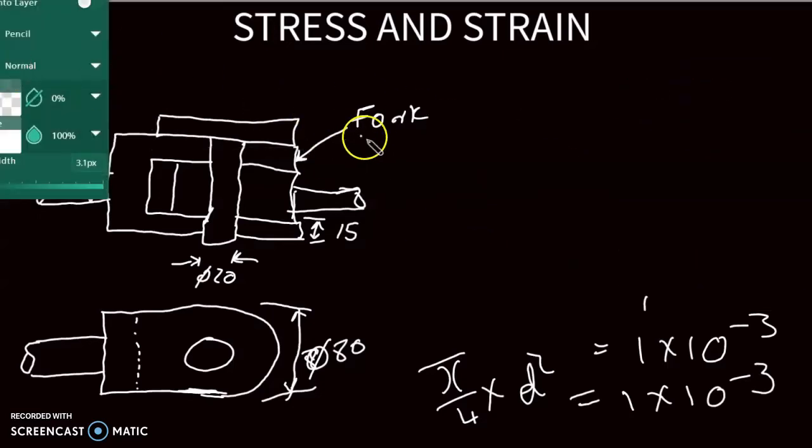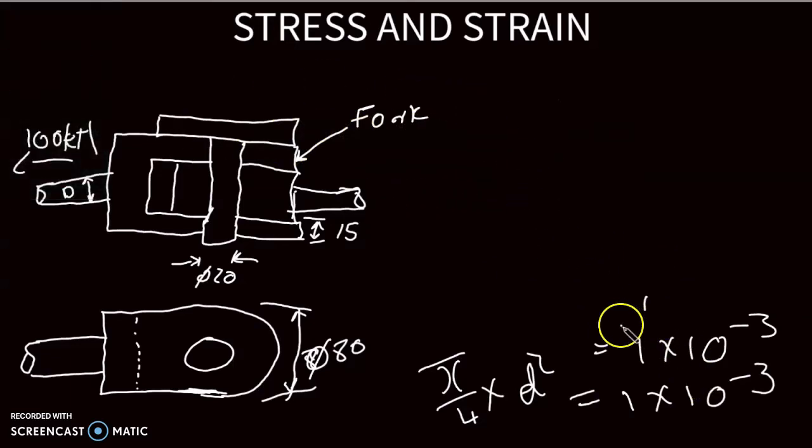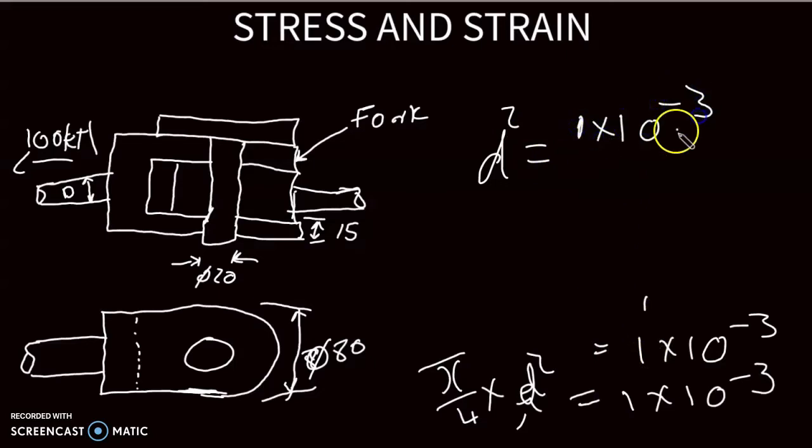From here we are going to make d the subject of the formula, which we are going to get as d squared equals 1 times 10 to the power negative 3 times 4 divided by pi.